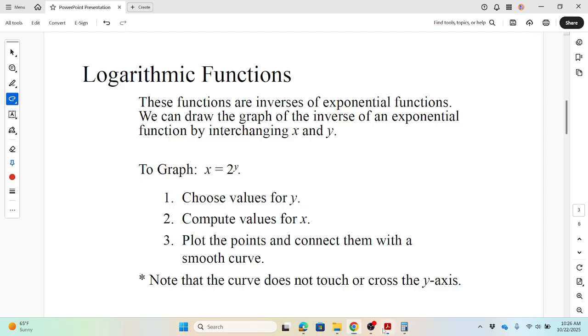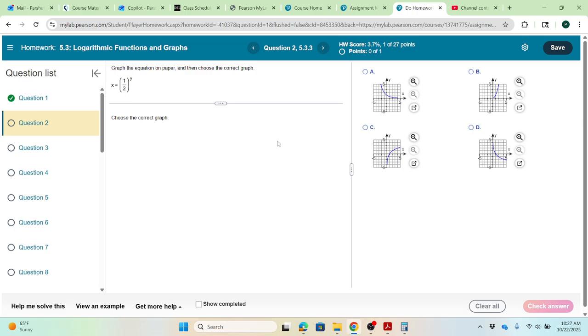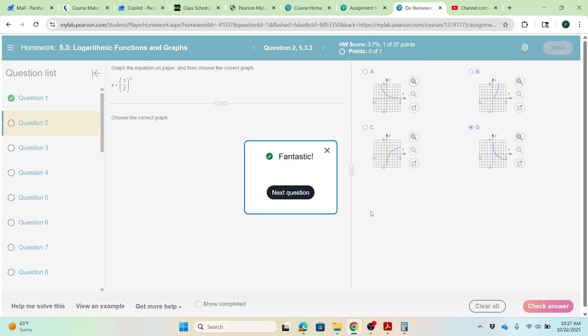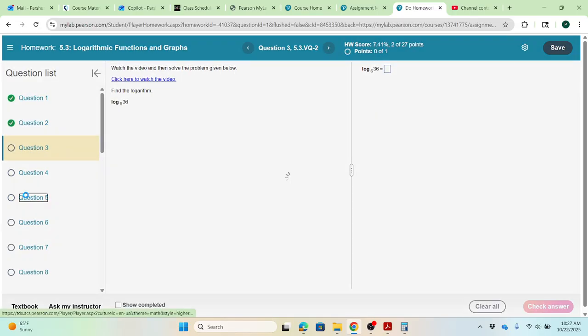So the original exponential function has to be like this, then the inverse would look like this, because it's a reflection across the y equals x line. You can find all these points by choosing the value of y and calculating the value of x for different y's. So this would be the answer.